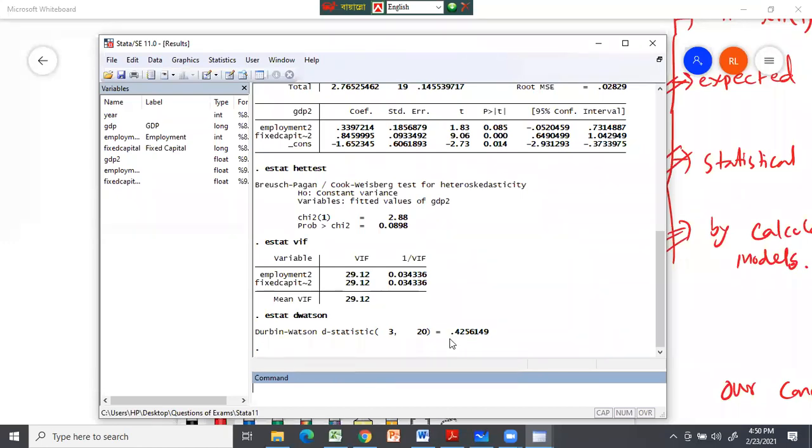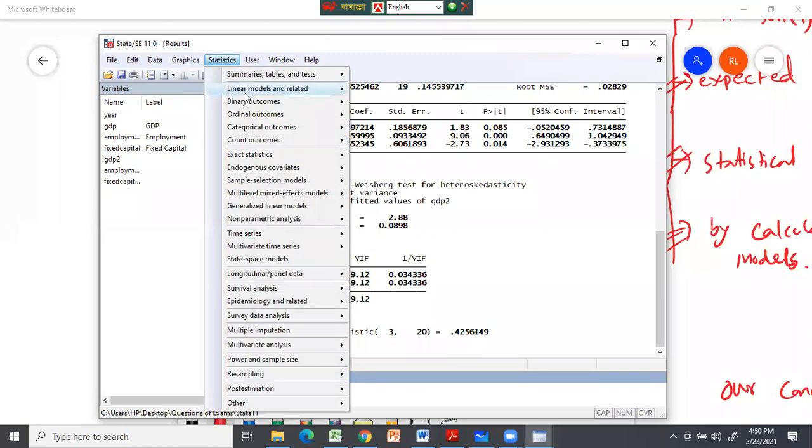If it is less than 2 or greater than 2, if it is not close to 2, then the model suffers from autocorrelation. But if it is found to be 0.15, like here 0.4256, or 1.15, then definitely it is far away from 2, and in that case your model suffers from the problem of autocorrelation.